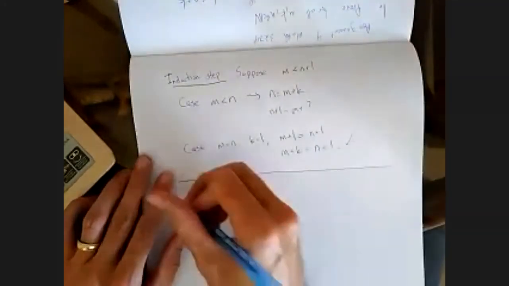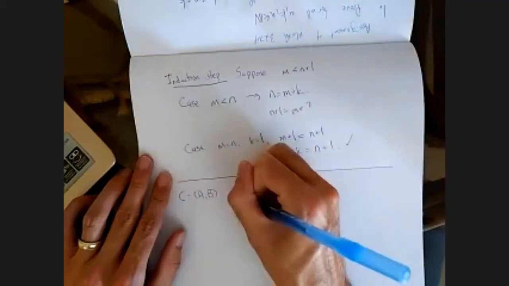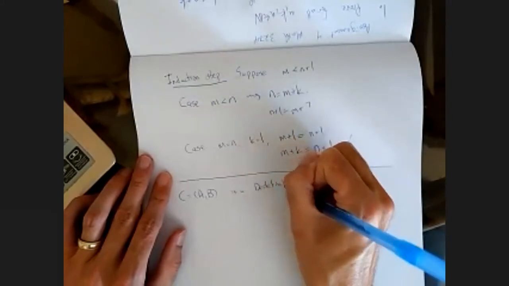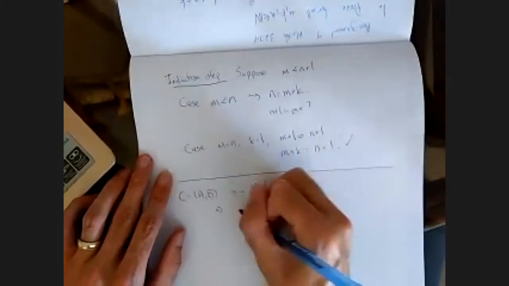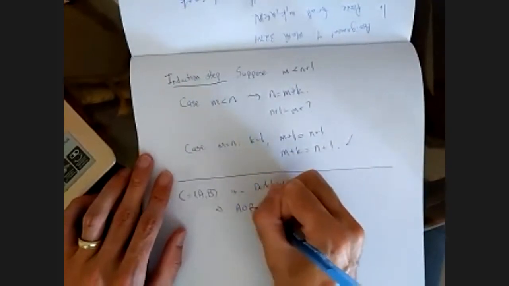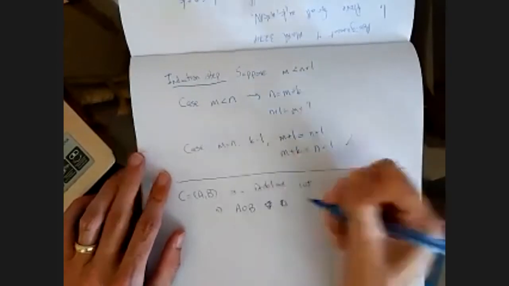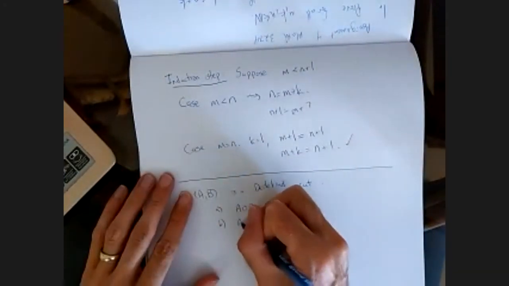What is a Dedekind cut? A Dedekind cut means A union B is the rational numbers. A and B are disjoint.